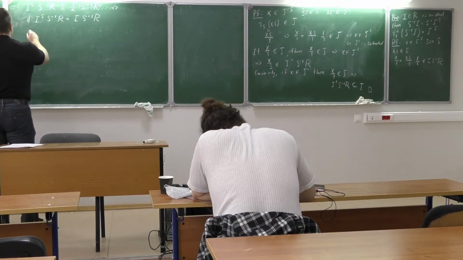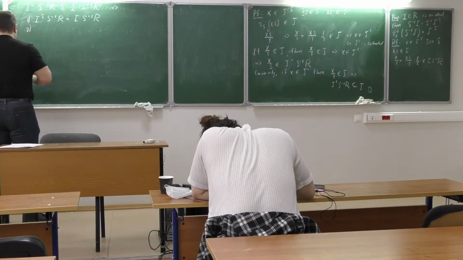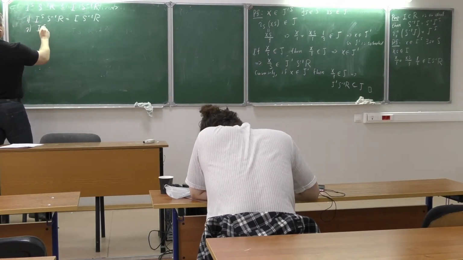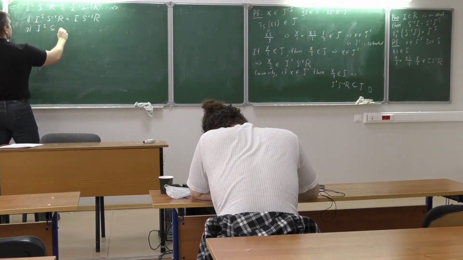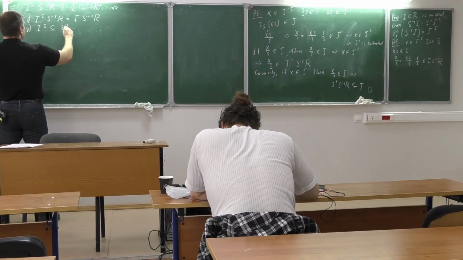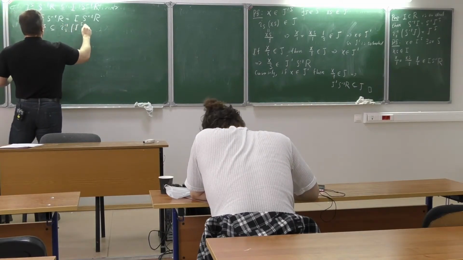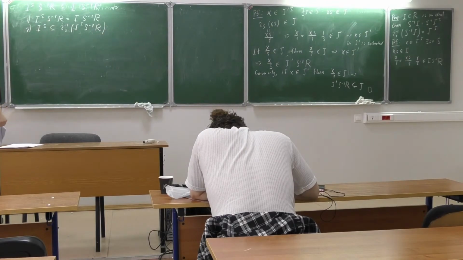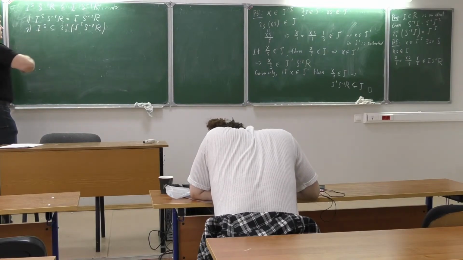And the second observation that we can also derive from this line is that I^S is contained inside iota inverse of the I^S S inverse R. This is always the case for any ideal and any extension of the ideal: if you extend and then pull back, you get something that definitely contains the original ideal.